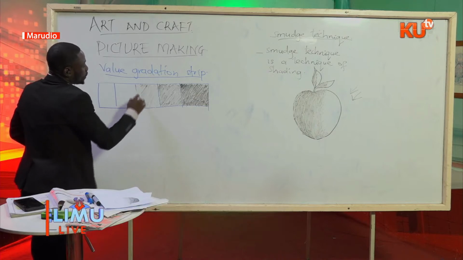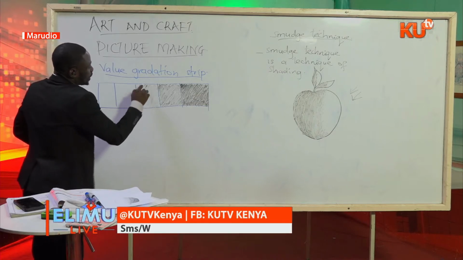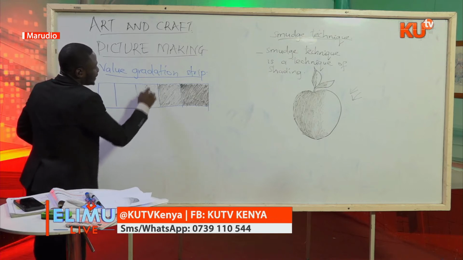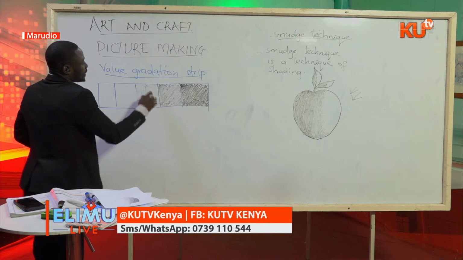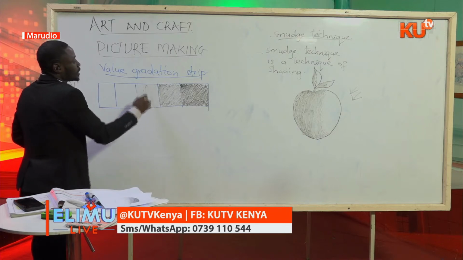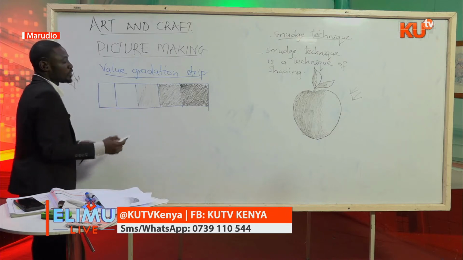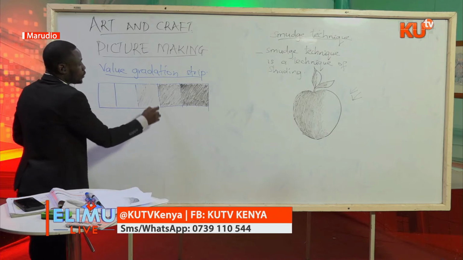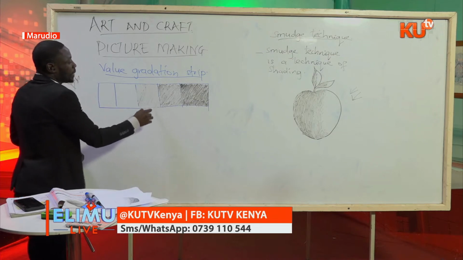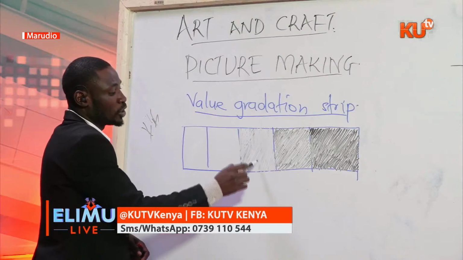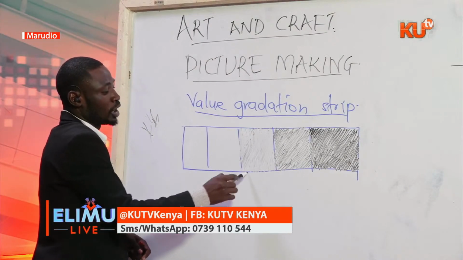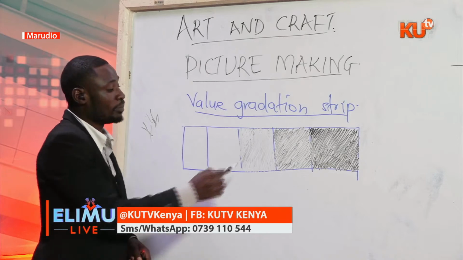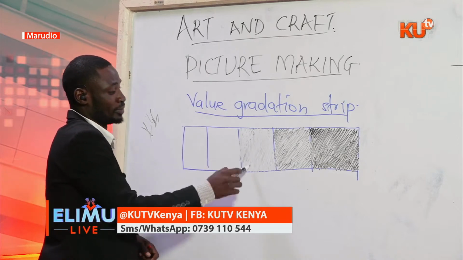And we are shading. We are not drawing lines, we are shading. Remember, it's the smudge technique. And like I said earlier, the smudge technique is a technique of shading, where we come up with value, tonal value. Tonal value helps us to identify the darker part or the lighter part of an item.